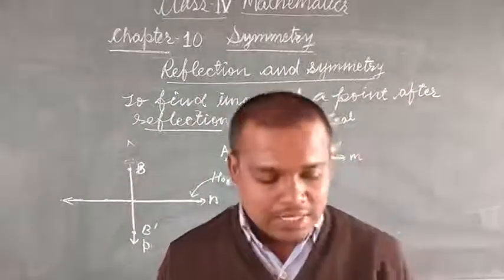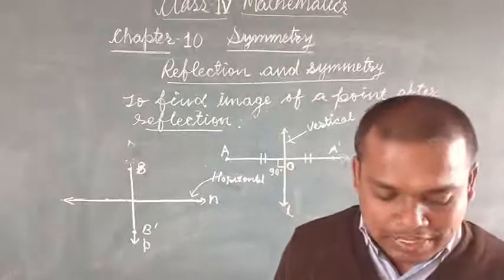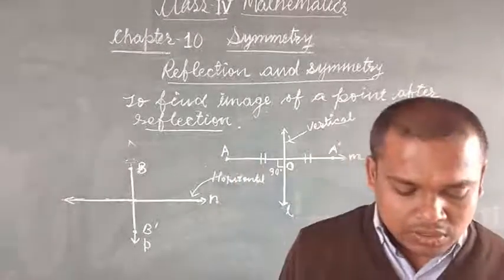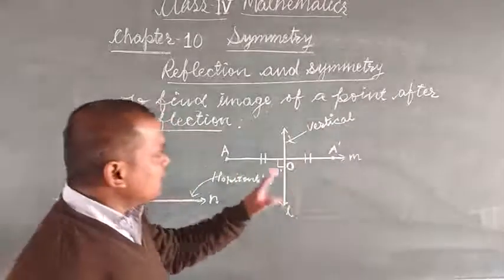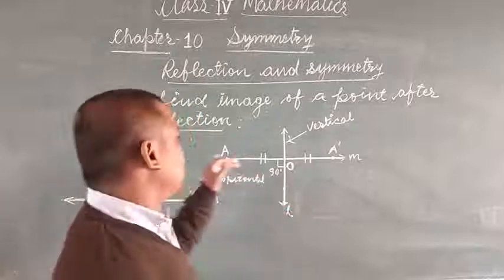Now, what is the rule here? The first one is to draw a perpendicular line M on the line L through point P. So here it is a different point. I have taken a point.